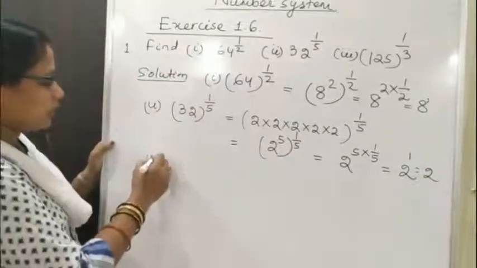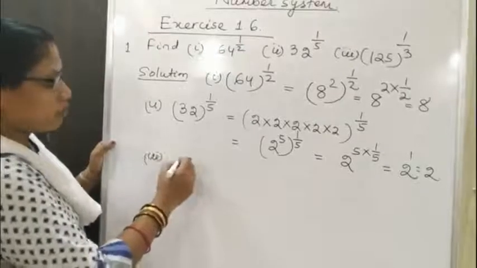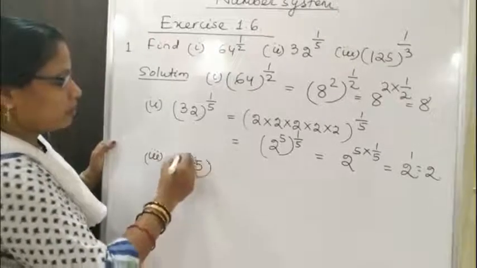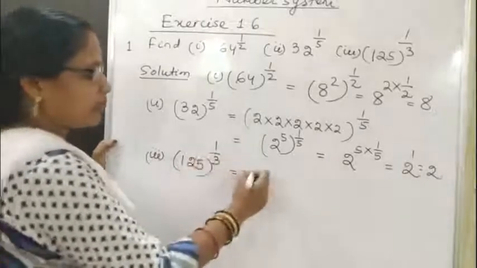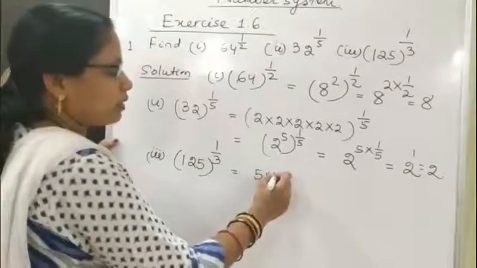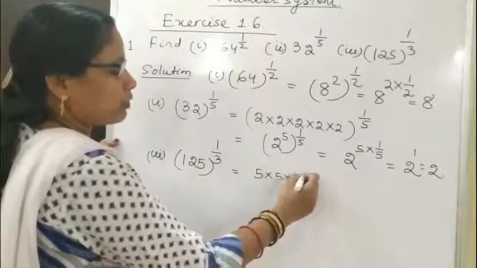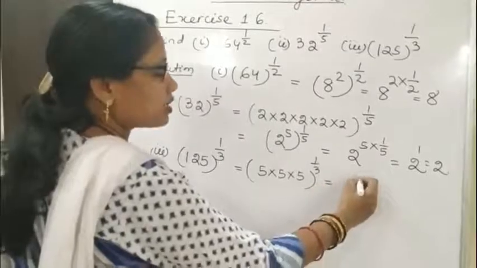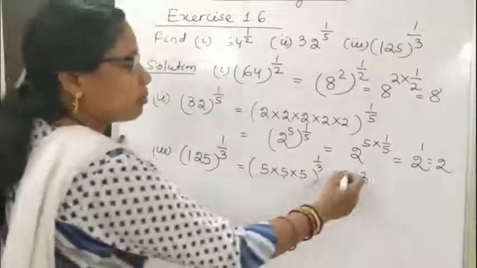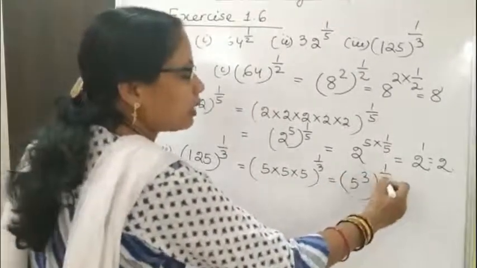So then third one, 125 to the power 1 by 3. So 125 can be factorized as 5 multiplied with 5 multiplied with 5, to the power 1 by 3. So this can be written as 5 to the power 3, to the power 1 by 3.